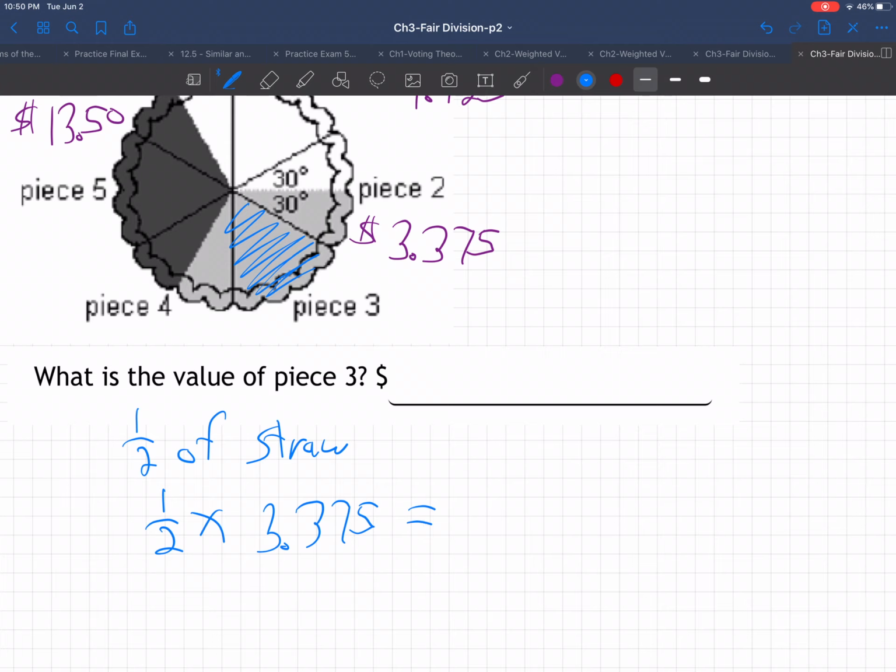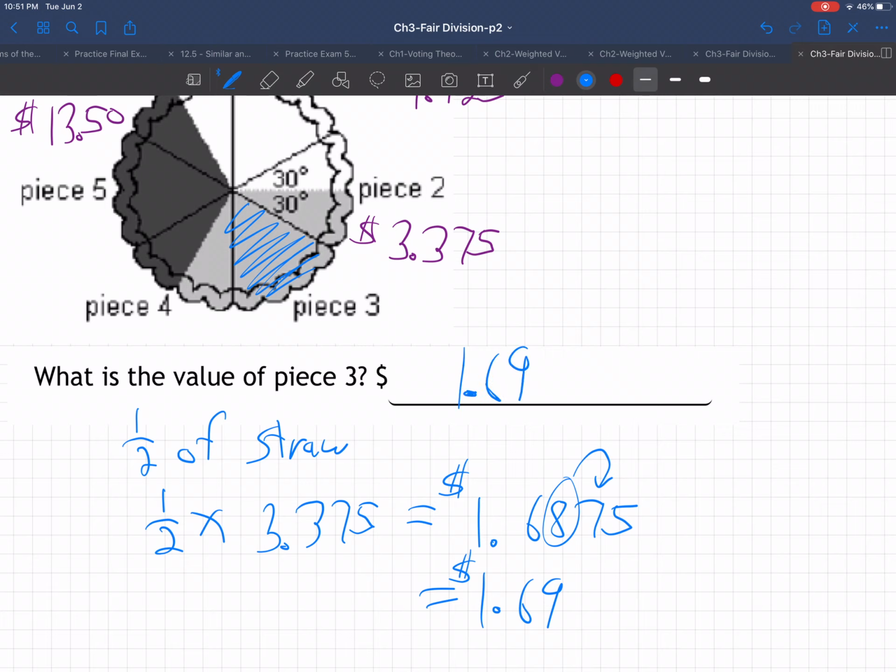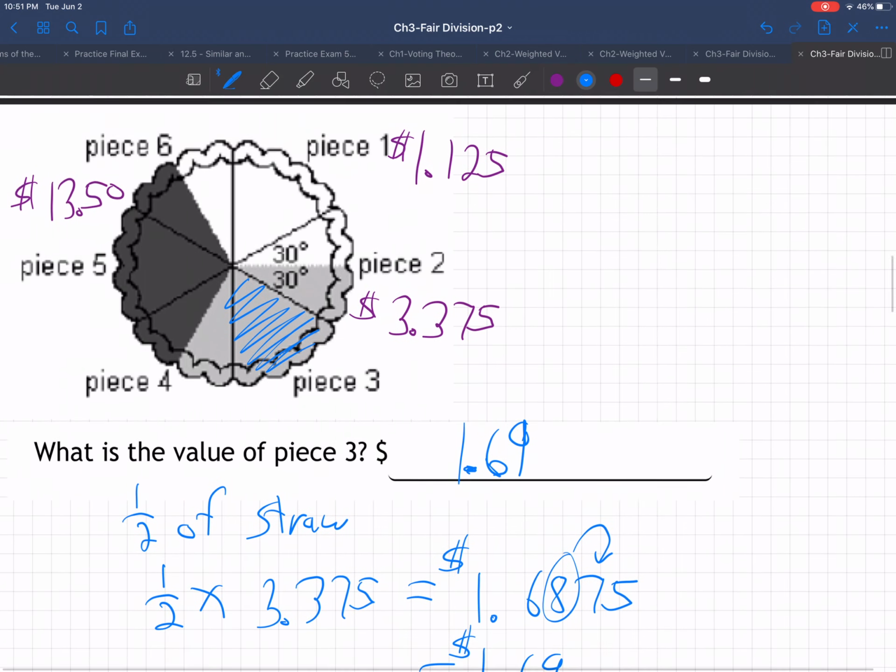Use your calculator. Divide that by 2. I'm getting 1.6875, rounded to the nearest cent. There's the cents. $1.69. So piece 3 must be worth $1.69 to Wendy.